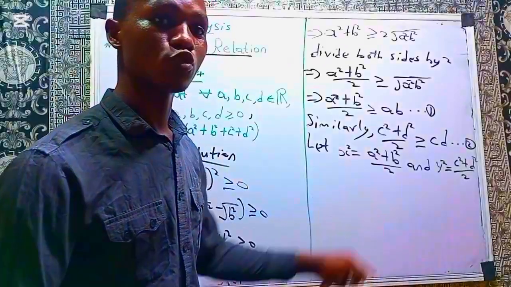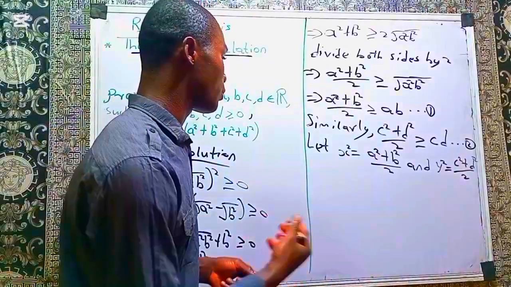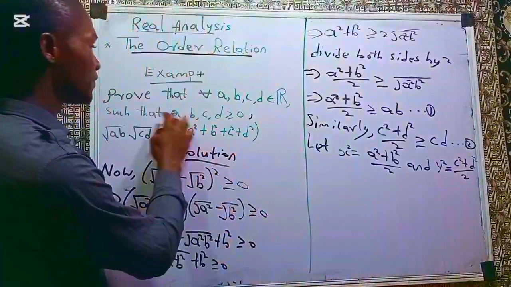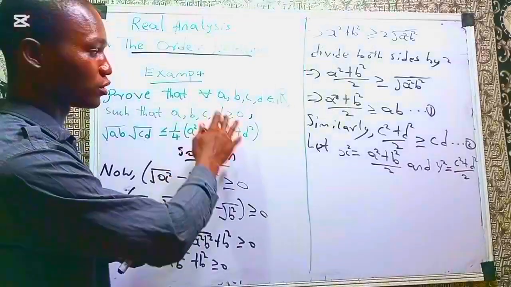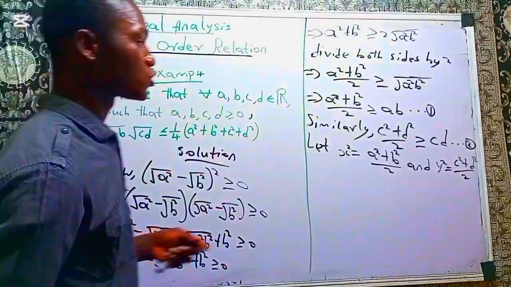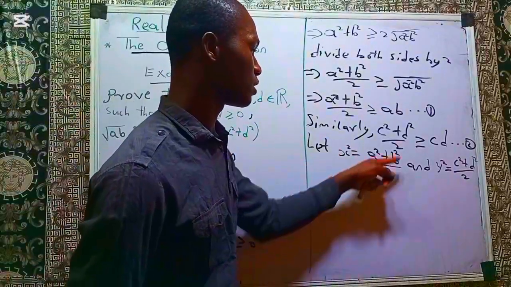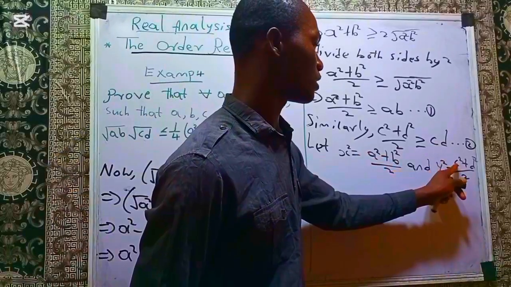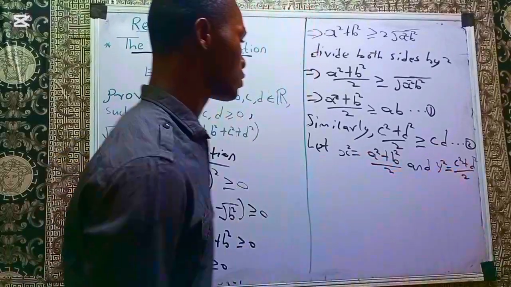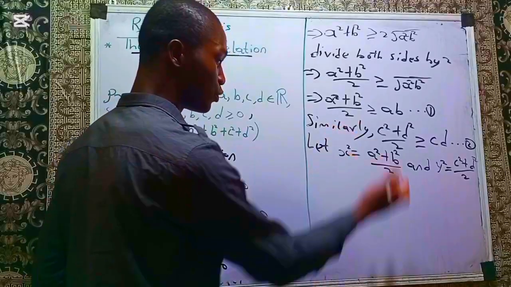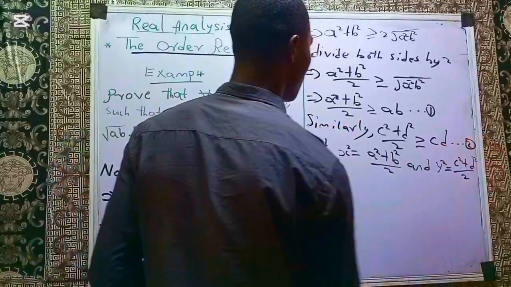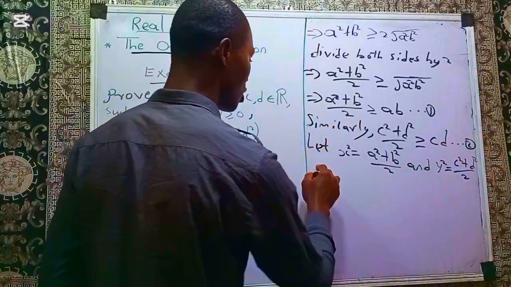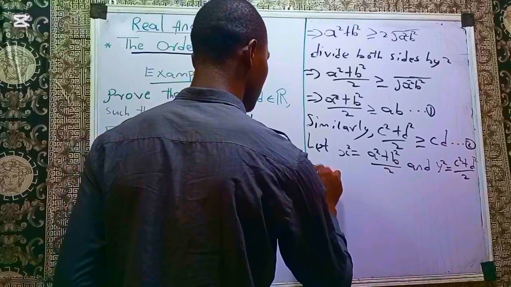If you divide it by 2, it will also be a positive real number. So it fits this condition. So x squared is positive and y squared must be positive.